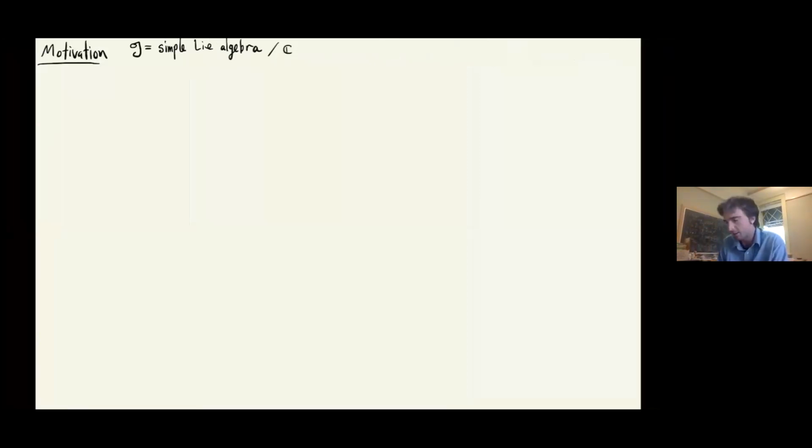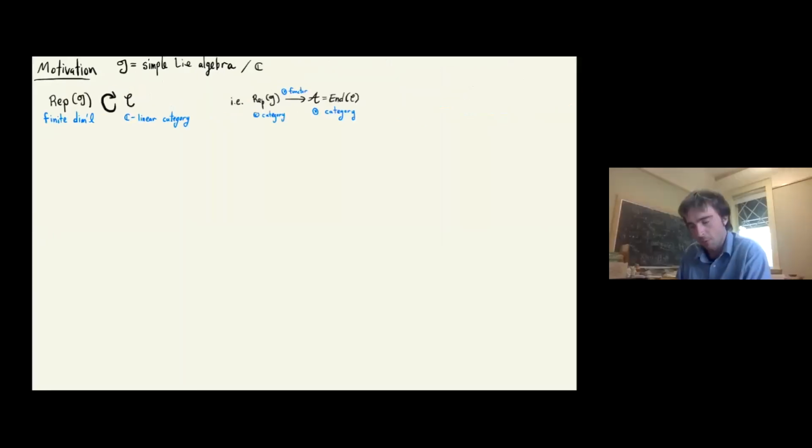So we're going to let G be a simple Lie algebra over the complex numbers for now. And I want to ask the question of how I get an action of a monoidal category on some category.